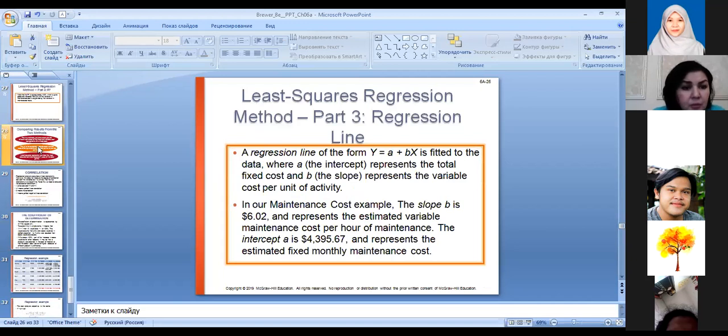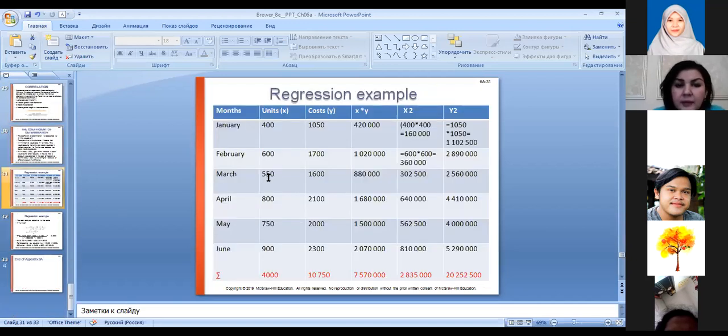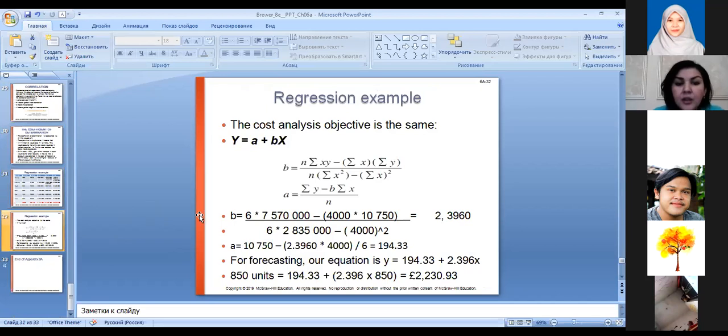So in our example, N is number of months: January, February, March, April, May, June. How many months here? 6 months. So N is number of periods. We have 6 for N, right? So N is 6, 6 we multiply.